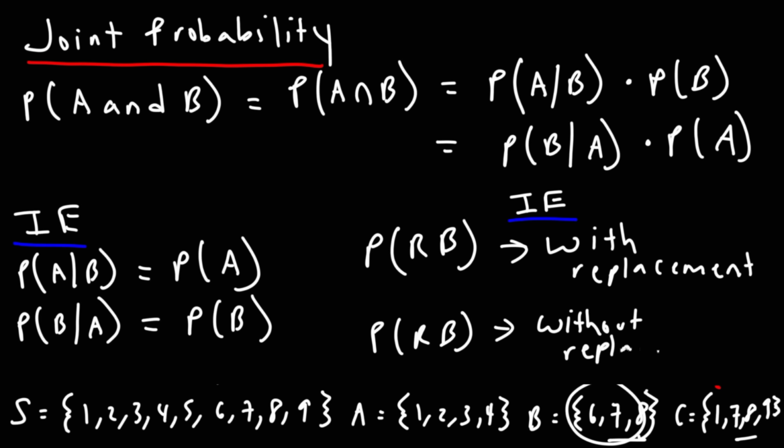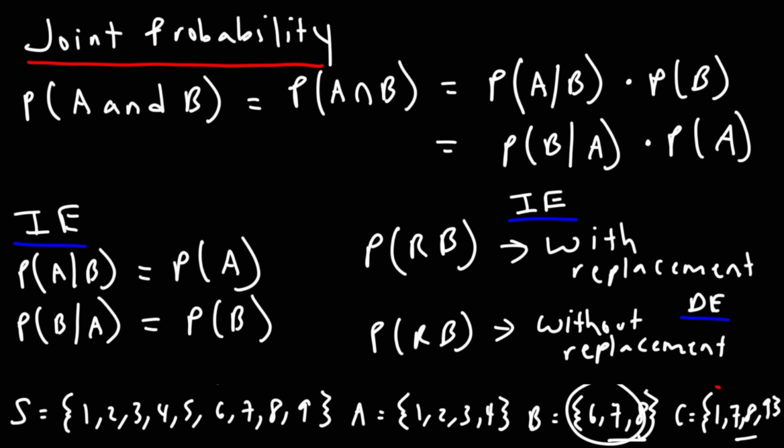Now, this becomes a situation where we have dependent events, because the second event depends on the first event. The probability of selecting a blue marble will depend on event 1, which marble is selected.